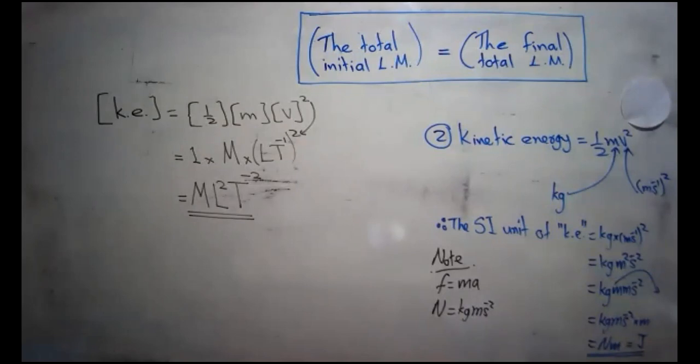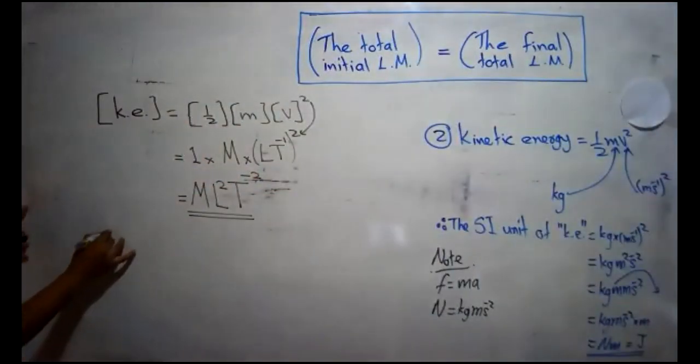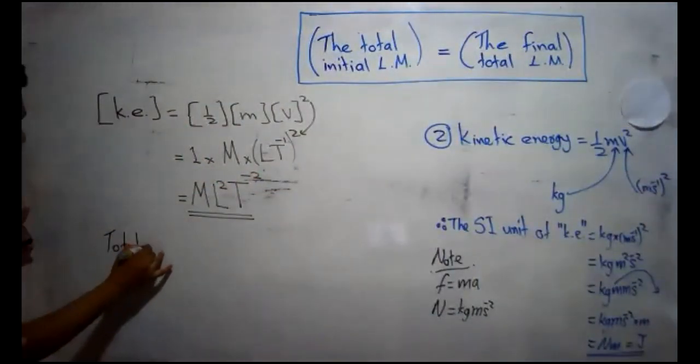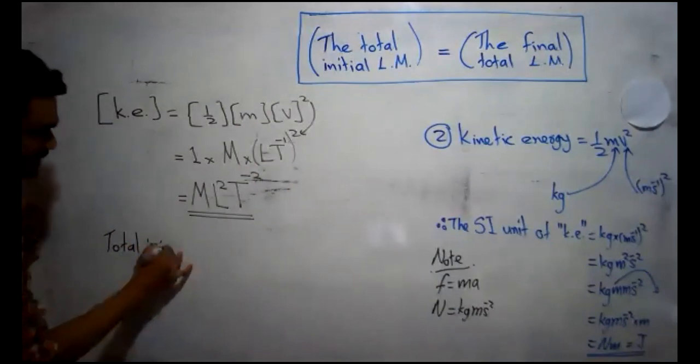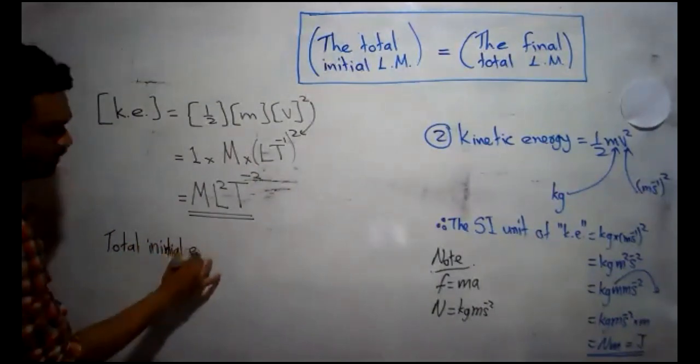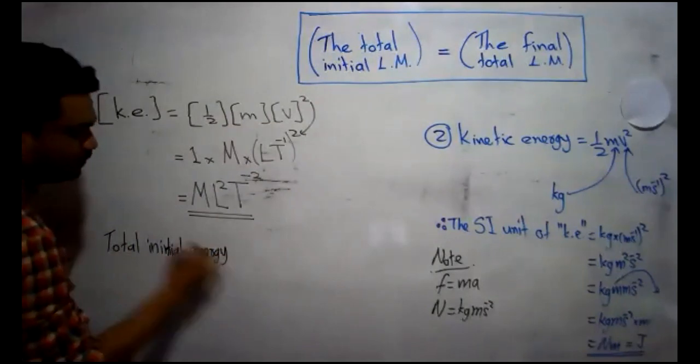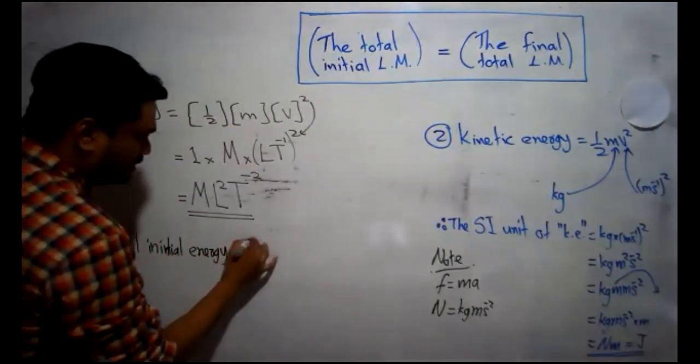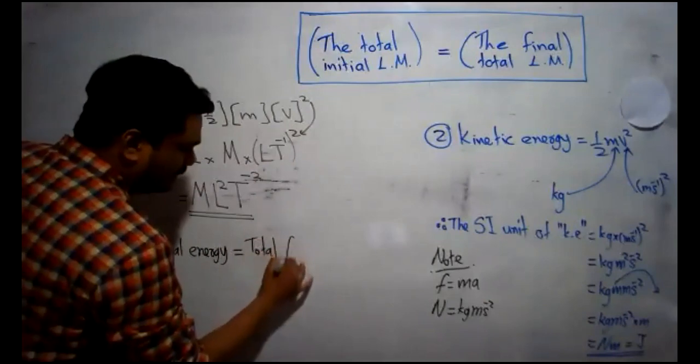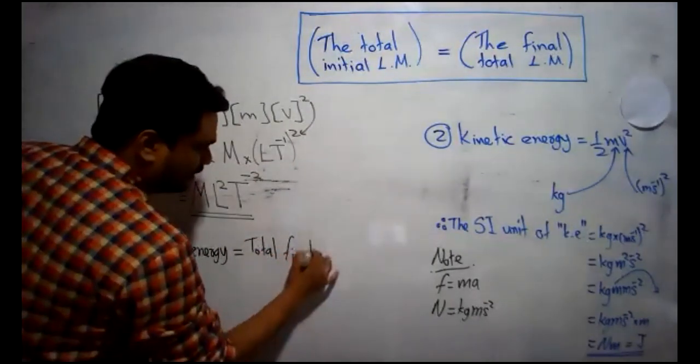Can somebody guess the equation? What may be the equation? The total initial energy equals the total final energy. Very good. The total initial energy of an object or a system of objects equals the total final energy.